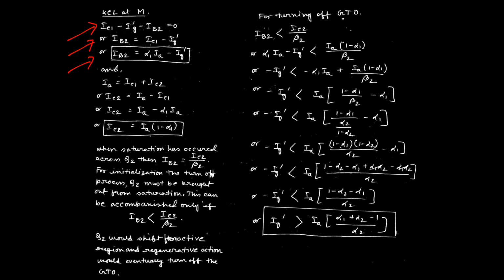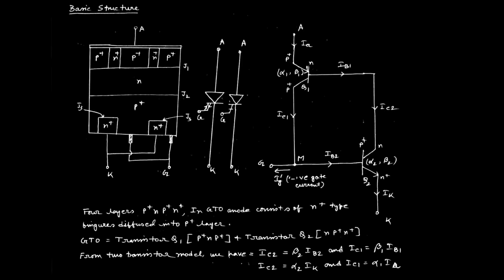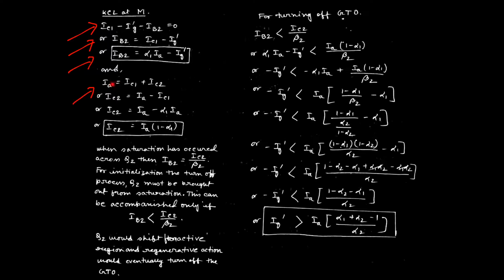Again, we can write IA equal to IC1 plus IC2. That means IA, this current, should be equal to IC1 plus IC2. If we apply KCL at the point Q2, this current should be equal to the summation of this current plus this current. That is why we can write IA equal to IC1 plus IC2.